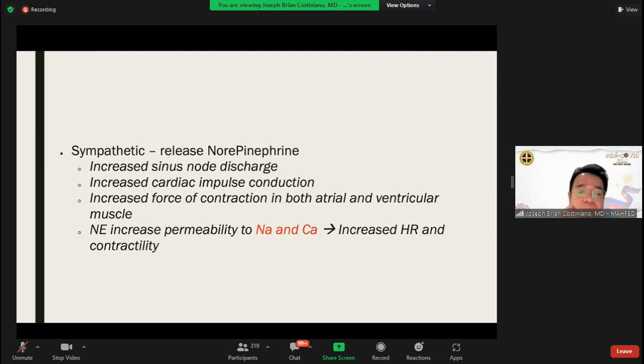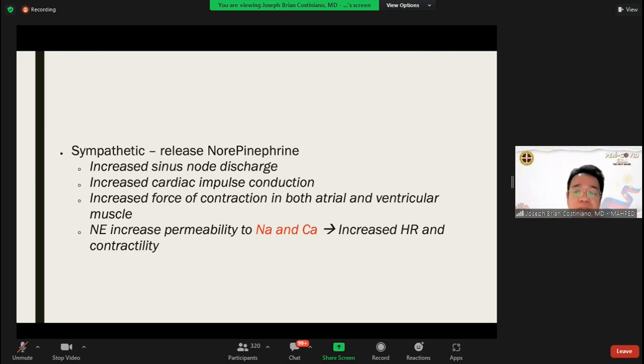Now, your norepinephrine will also increase the permeability to sodium and calcium. And sodium and calcium are activators in the heart. Okay? So it will increase the heart rate plus the contractility of the heart. Okay? Kasi yung calcium, di ba, for force of contraction, sodium for activation of your cardiac impulses.